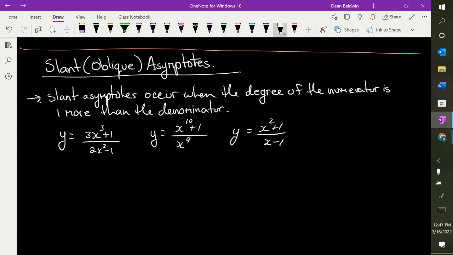As long as the degree of the numerator is higher by 1 than the degree of the denominator, you get a slant or an oblique asymptote.